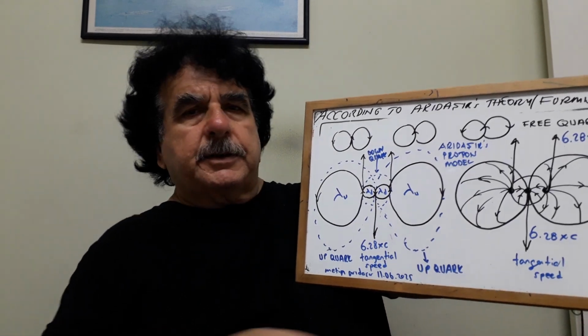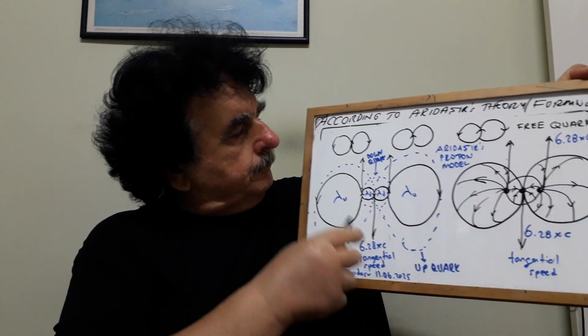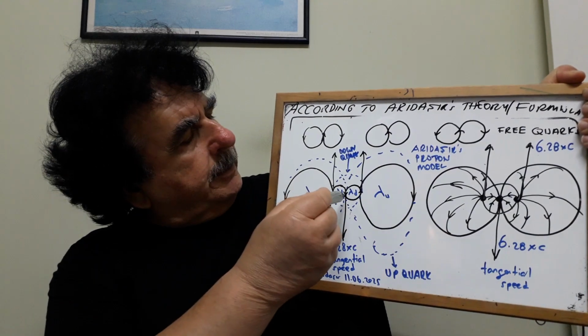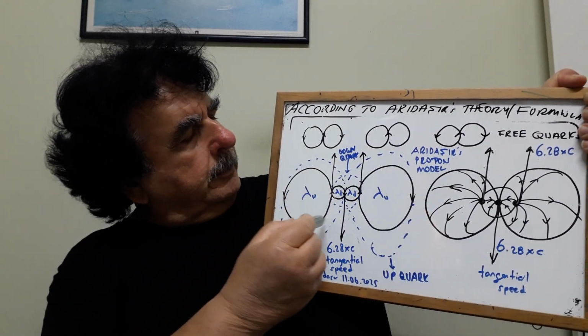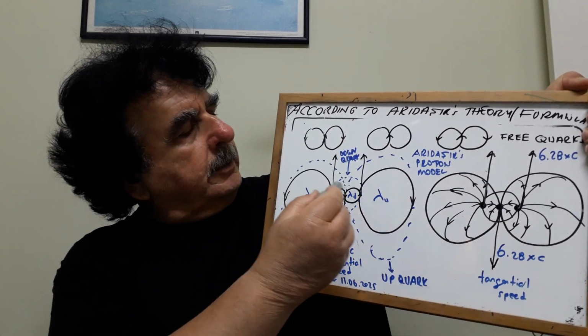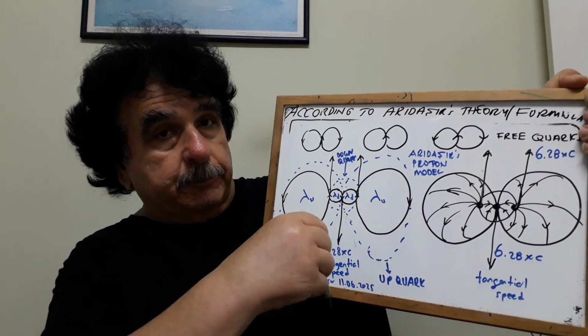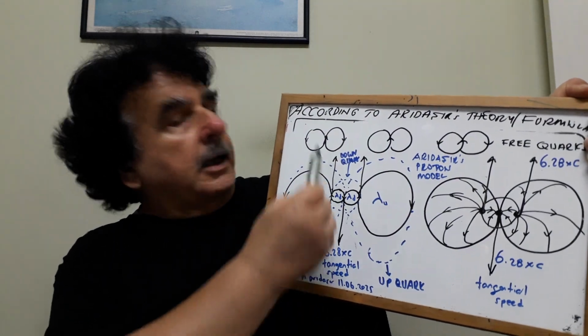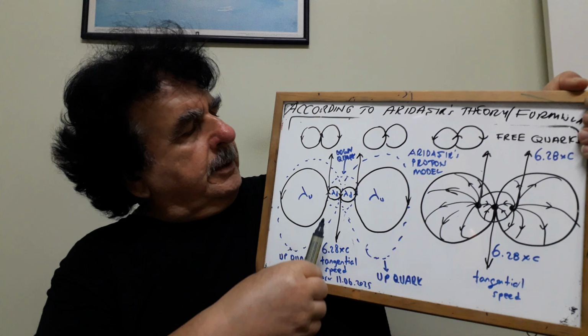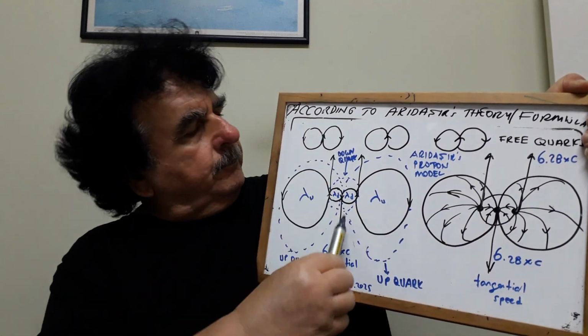Here is a basic proton. Be careful, please. This is one proton. Left side, up quark.